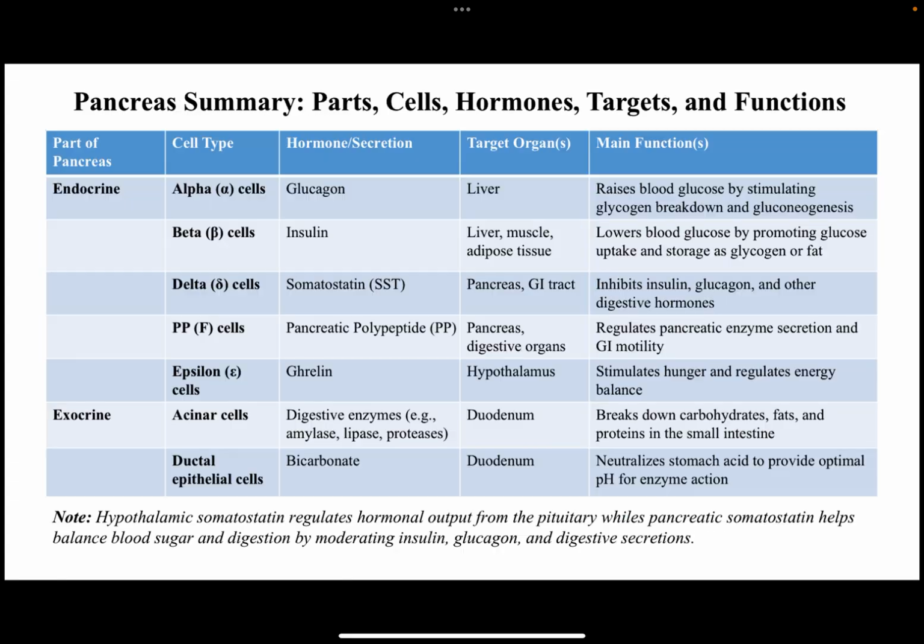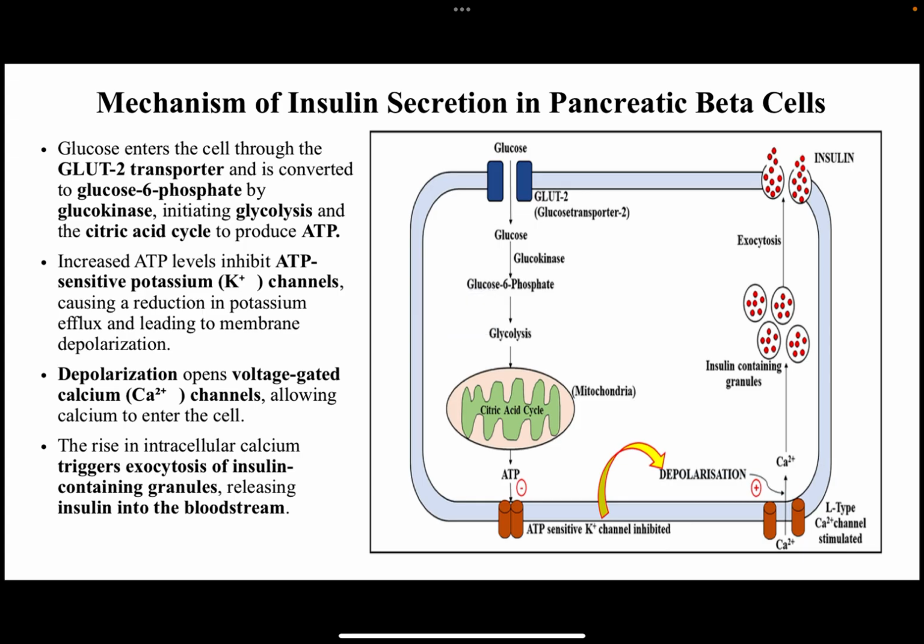Now let's look at the mechanism of insulin secretion in the pancreatic beta cells. It starts from glucose. So we have glucose in the blood.